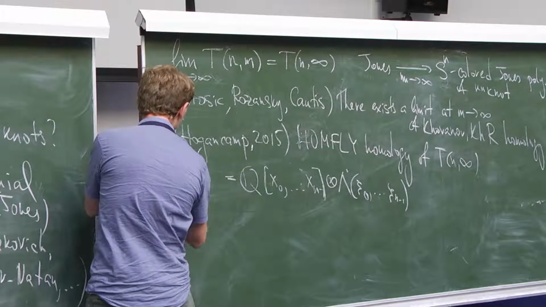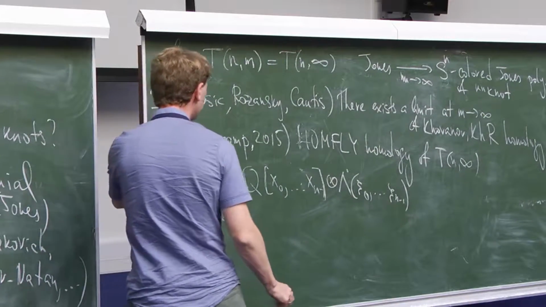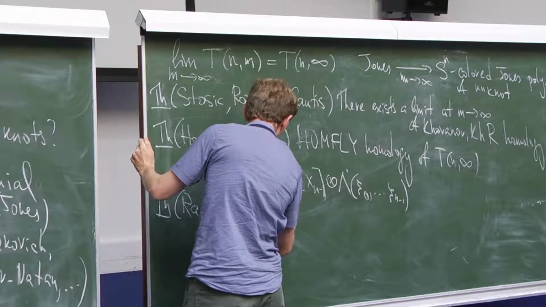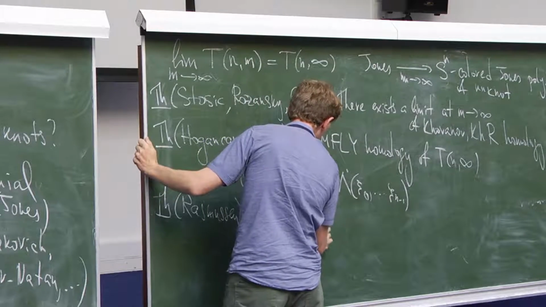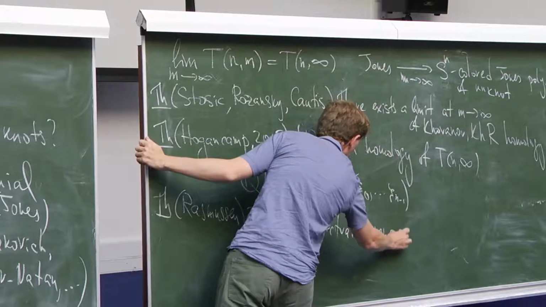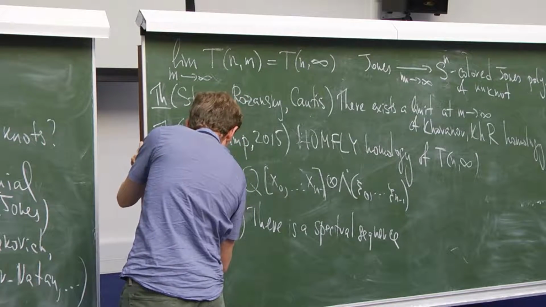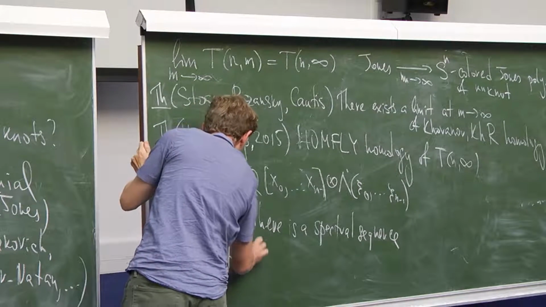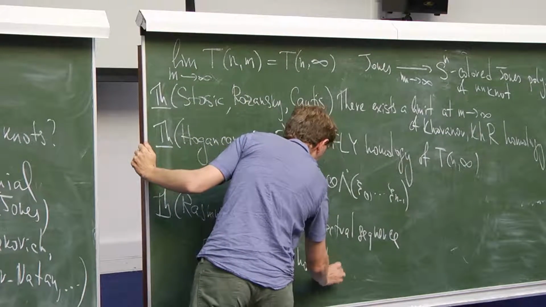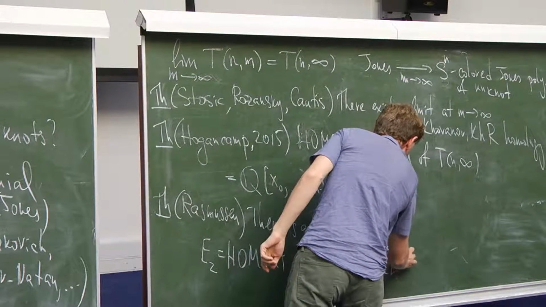There is a theorem of Rasmussen which says that there is a spectral sequence which starts from Homology homology, let's say the E2 page, and the E infinity page will be Khovanov homology.